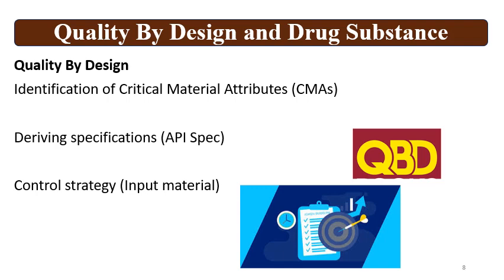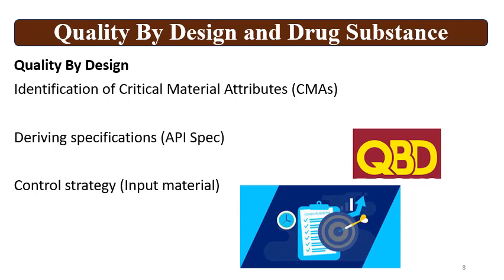Like if you have taken particle size distribution as a CMA, you will study the impact on dissolution, and based on that you will give the specifications. And then once the specifications are finalized, the control strategy will be there for input material like API.